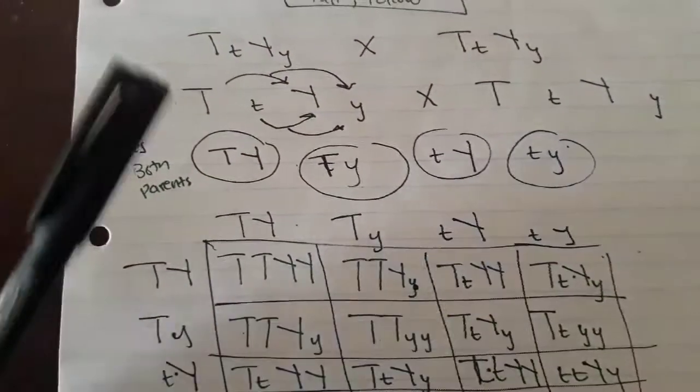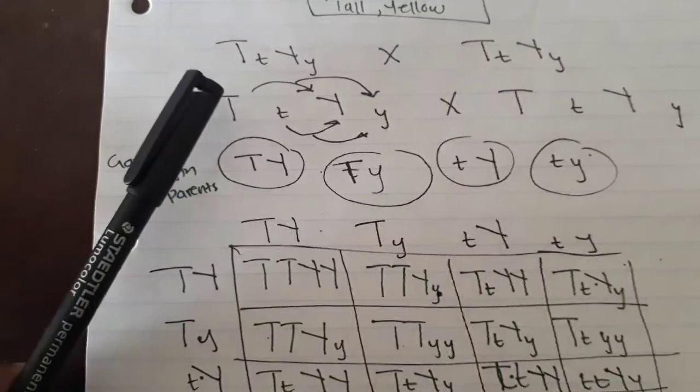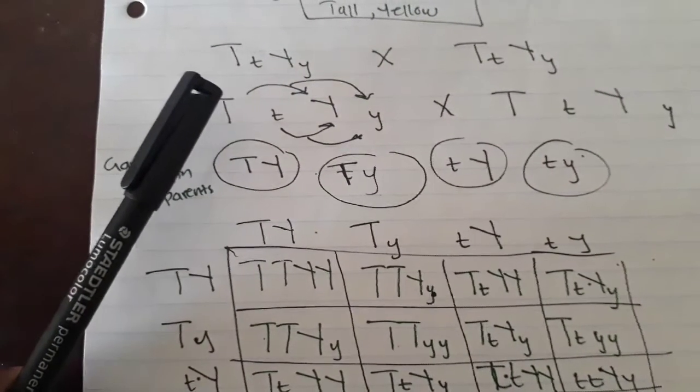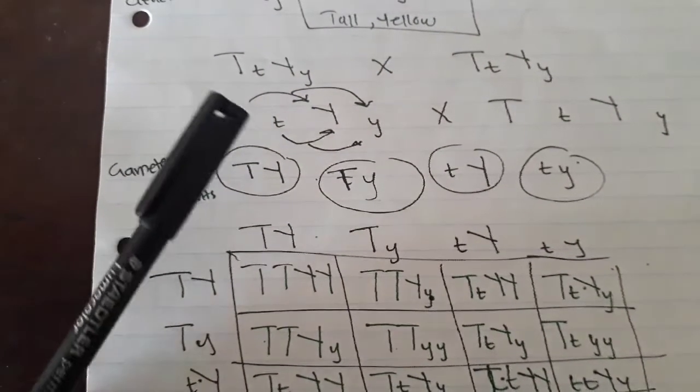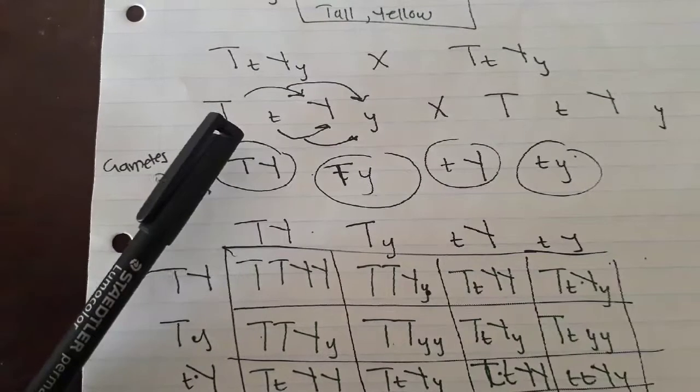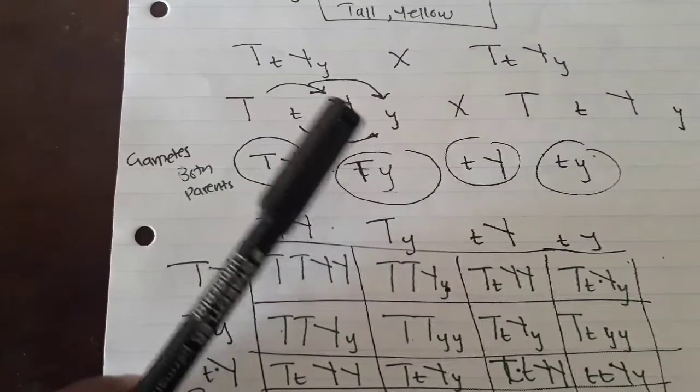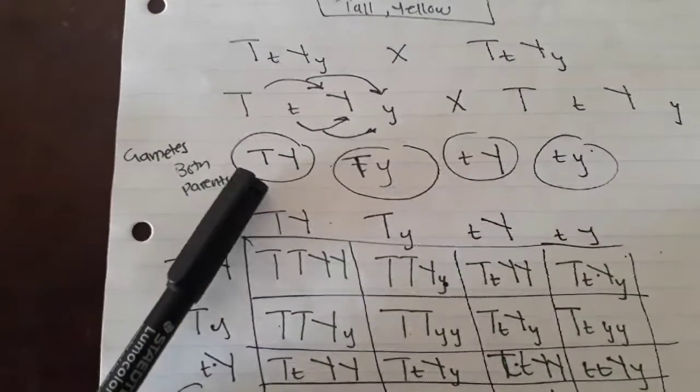So when we cross the F1 generation, to get the gametes, one allele associates with one allele of the other trait.